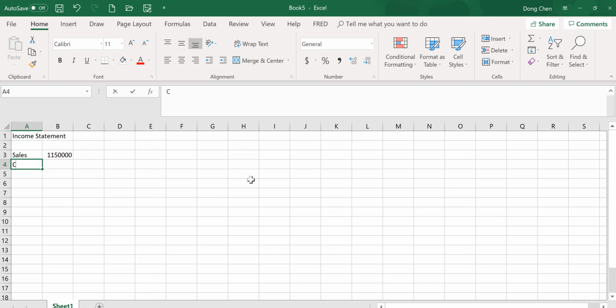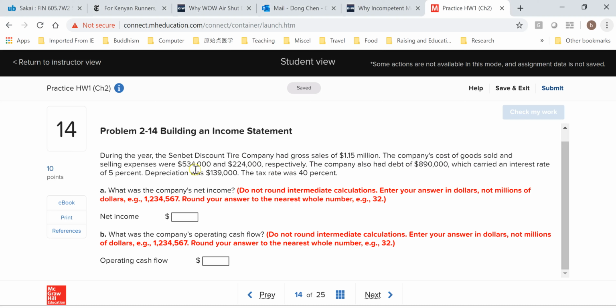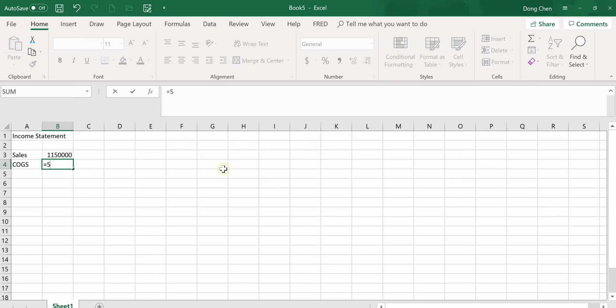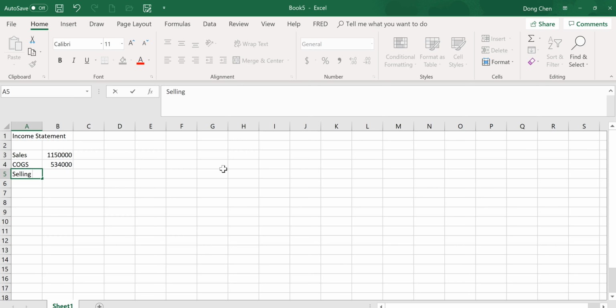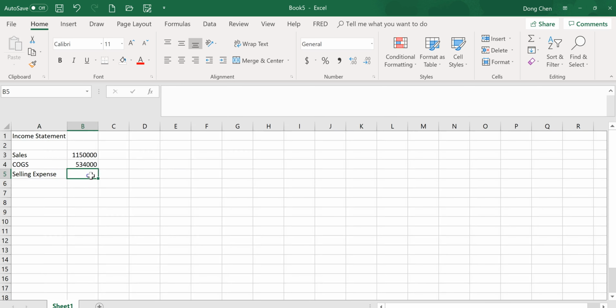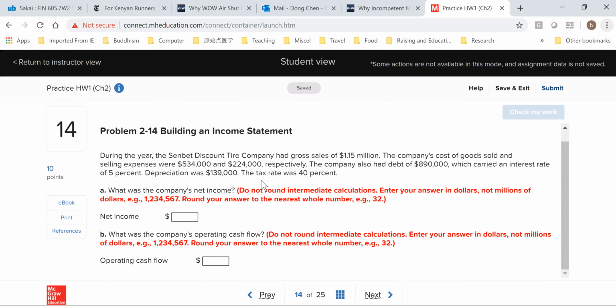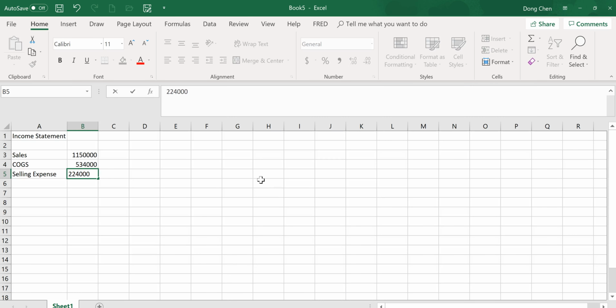So next item on the income statement is the cost of goods sold, COGS. This is given to be 534,000. And then the next one is the selling expense. Selling expense turns out to be 224,000.